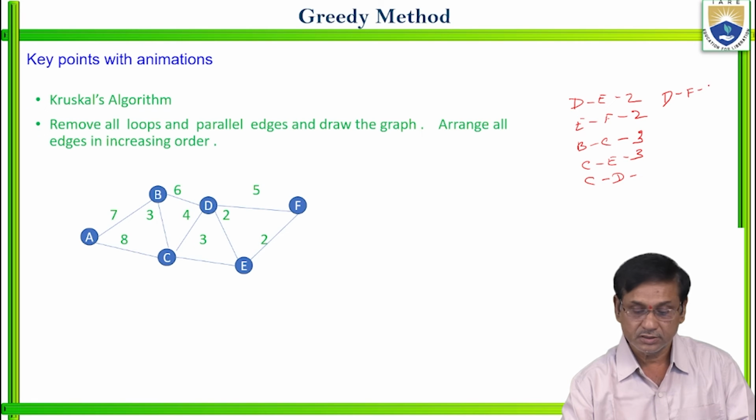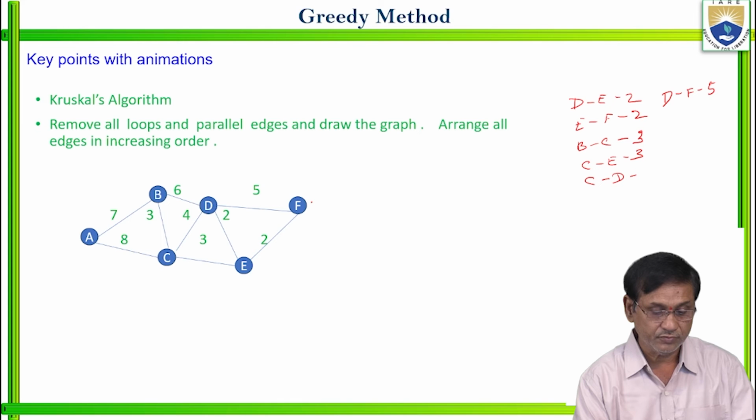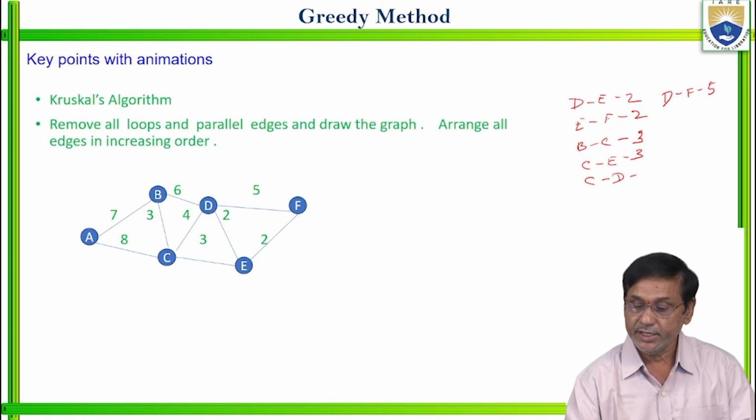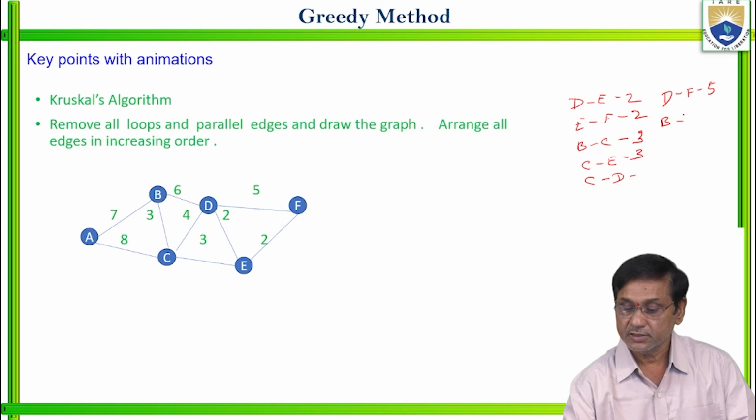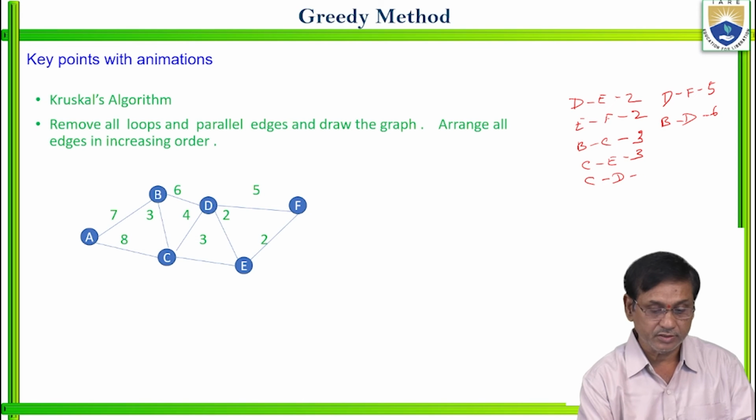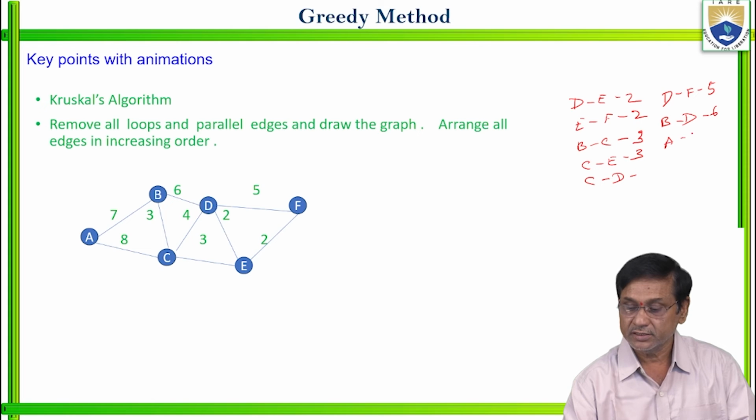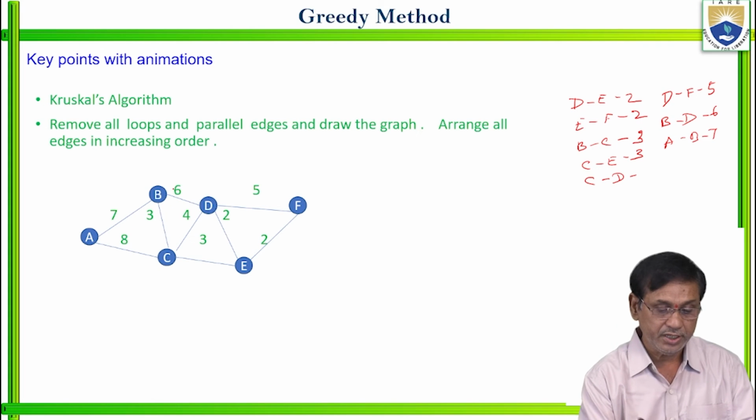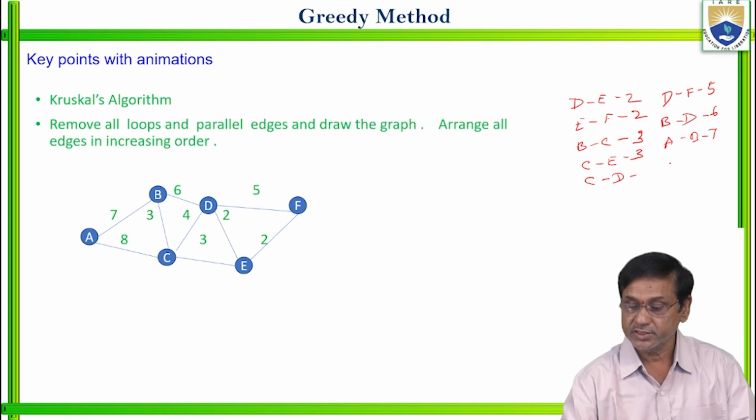DF is 5. Then BD is 6. AB is 7. AC is 8.